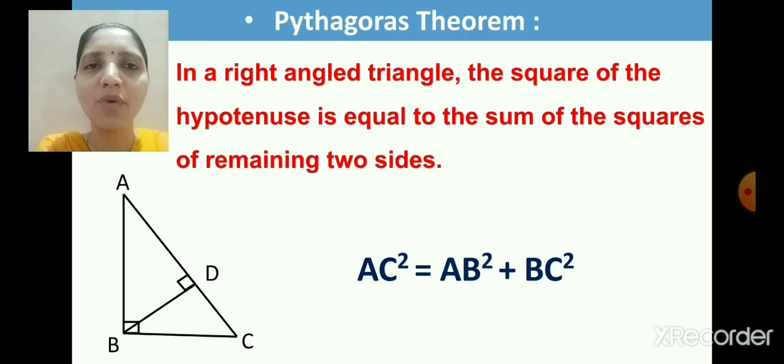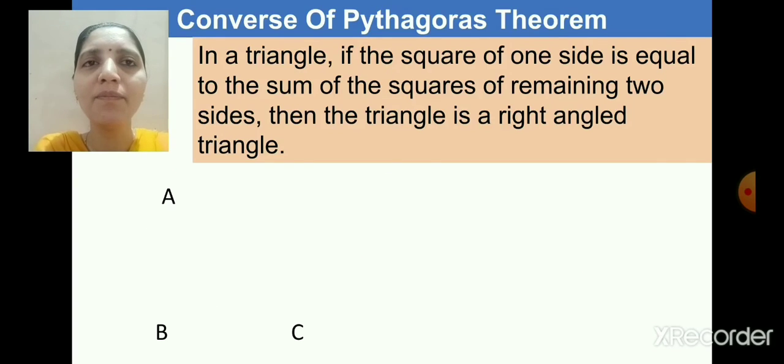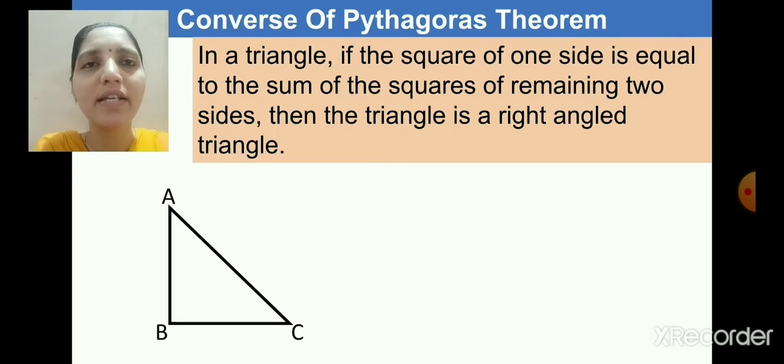AC square is equal to AB square plus BC square. This is your Pythagoras theorem. Then what will be the converse of the Pythagoras theorem? In a triangle, if the square of one side is equal to the sum of the squares of the remaining 2 sides, then what can we say? We can say that the triangle is a right angle triangle.